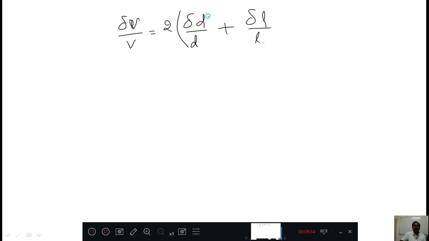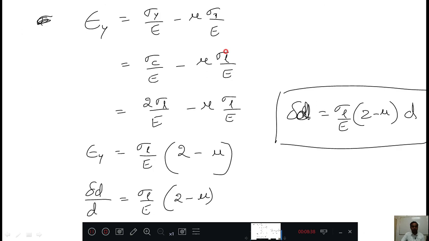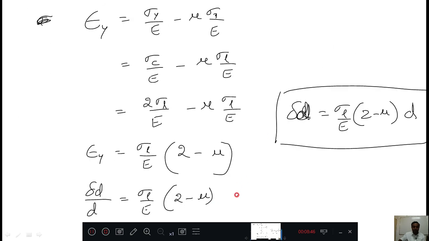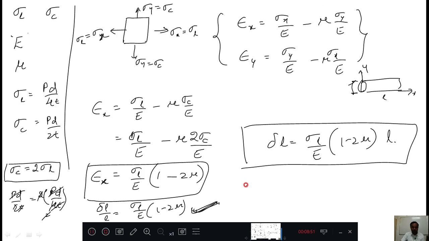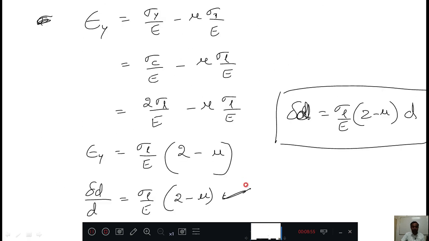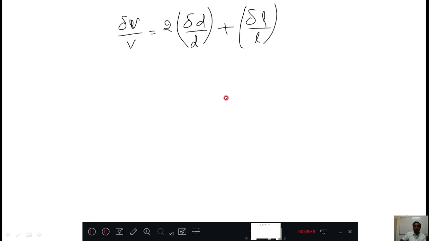Now you know delta D by D and delta L by L. That is your formula. I will substitute those in that place. Then what will I get? First I substitute delta D by D, which is sigma L by E into 2 minus mu.